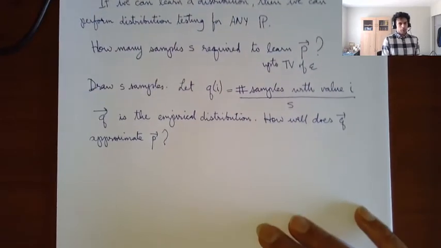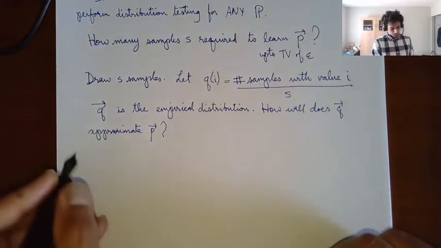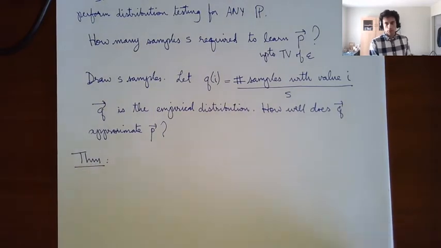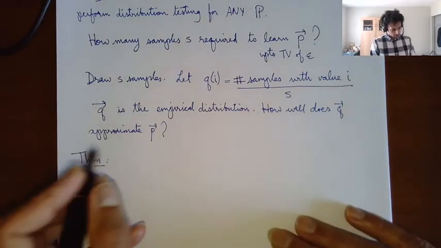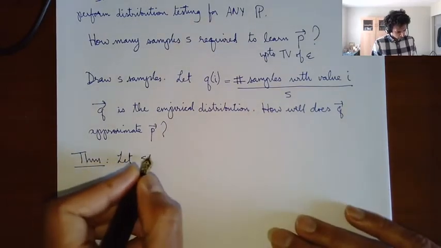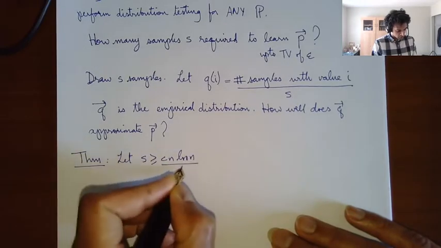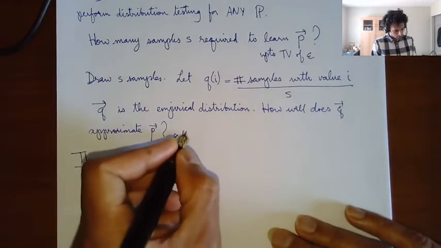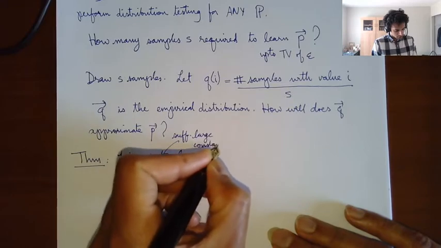So let me actually start with the easier but looser theorem, and then I'll give you the tighter optimal one. The following I'm not going to prove completely. I'm just going to sketch it out and leave the details as an exercise. So let S be at least C n log n over epsilon square, where C is just some sufficiently large constant.